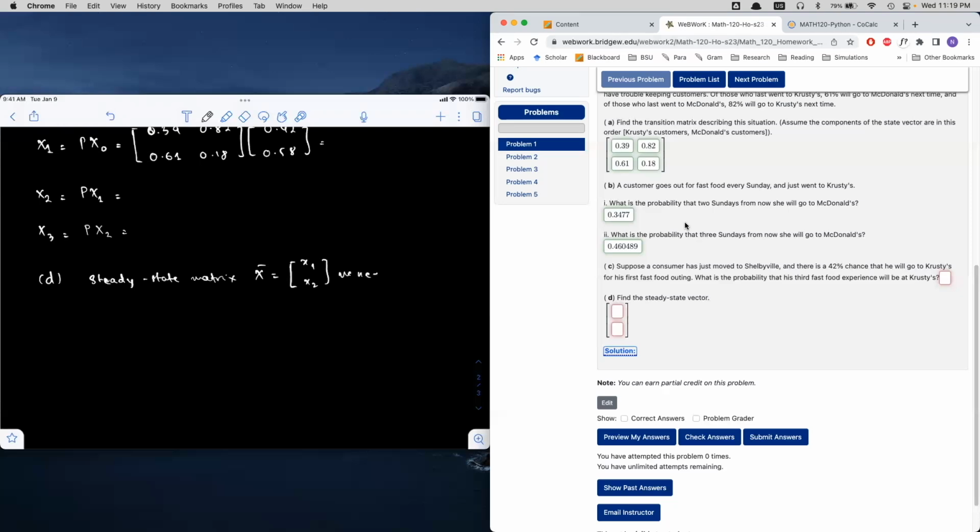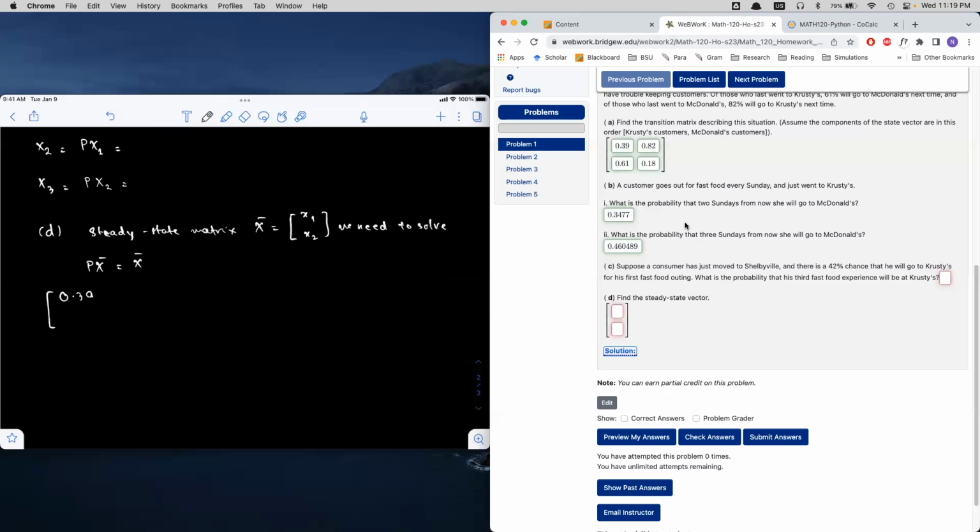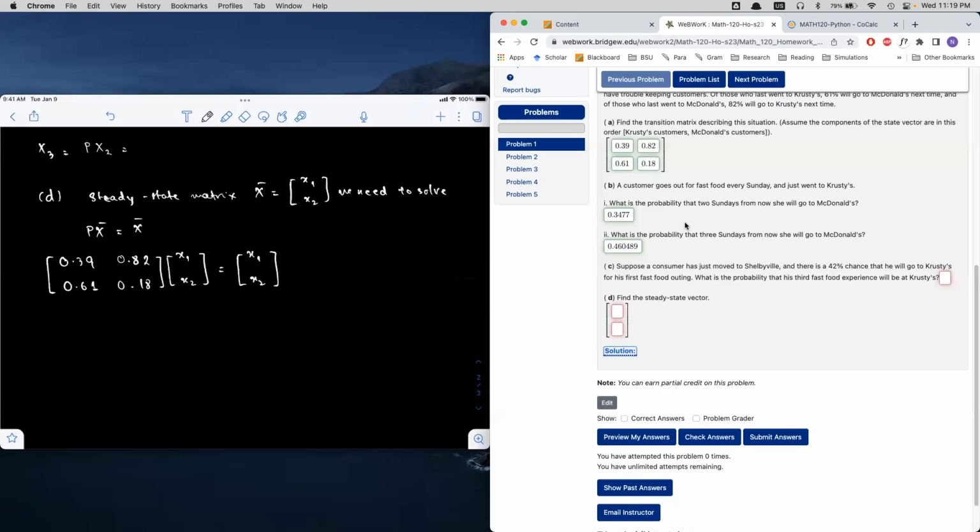So we need to solve P x bar equal to x bar, given that P is equal to 0.39, 0.82, 0.61, 0.18, times x1, x2 equal to x1, x2. This is the matrix vector form.